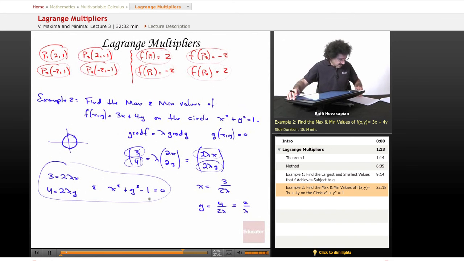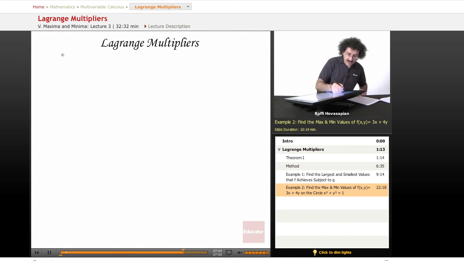Let's do that on the next page. So I have x squared plus y squared minus 1 equals 0. We said that x is equal to 3 over 2 lambda, so this is (3 over 2 lambda) squared plus, with y equal to 2 over lambda, (2 over lambda) squared minus 1 equals 0.